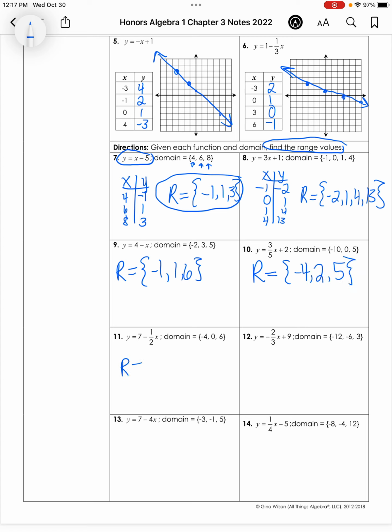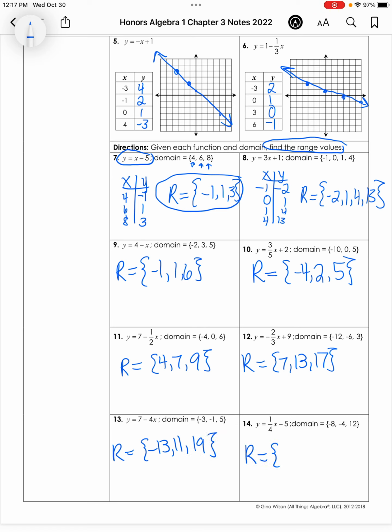For 11, the range is 4, 7, and 9. For 12, the range is 7, 13, and 17. For 13, the range is -13, 11, and 19. And for 14, the range is -7, -6, and -2.